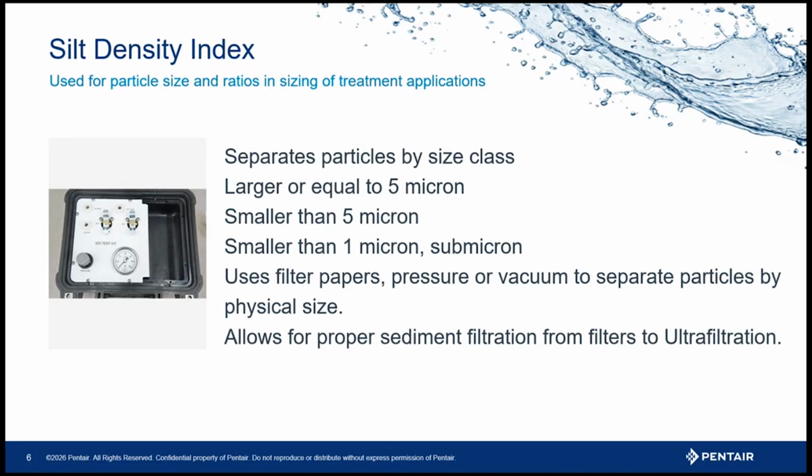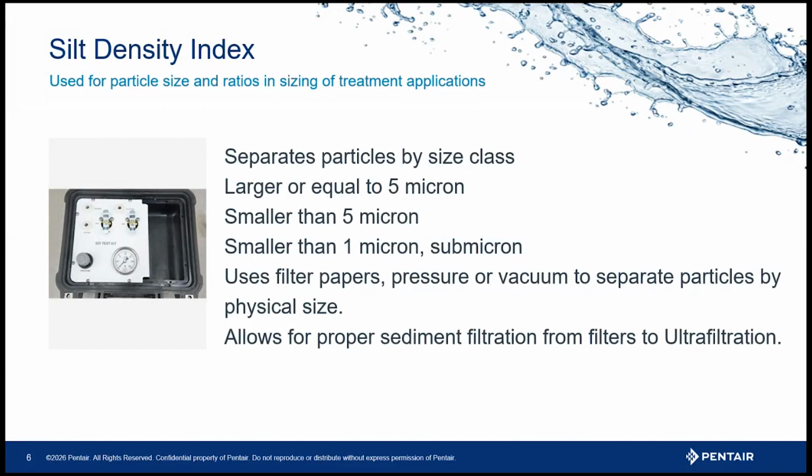But a silt density index is what we use to understand how to set up ultrafiltration and select the right one. And this allows you to separate in the field your particulate classes between 5 micron and less than 1 micron, so you know what particulate you're dealing with.